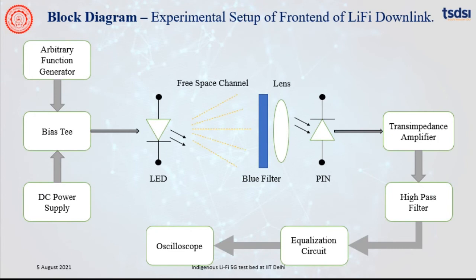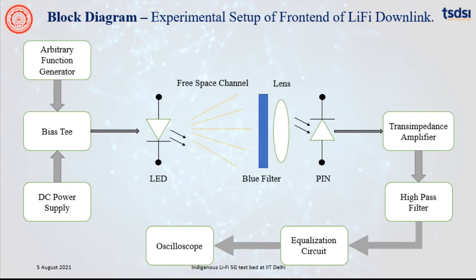In this slide, I am showing the whole block diagram of the optical front end of the Li-Fi downlink. At the transmitter, I am using a function generator, bias T and DC power supply for driving the LED, which converts the electrical signal into an optical signal.